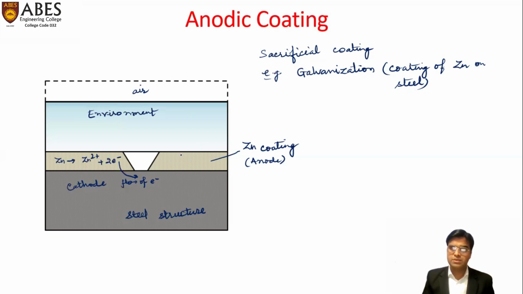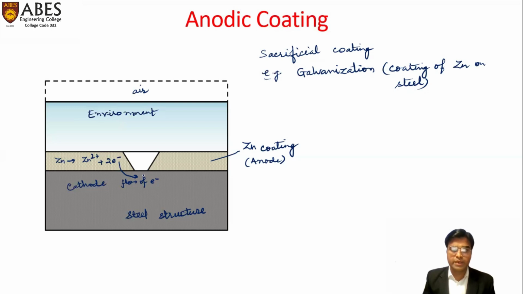Now, suppose this coating has a pore or a crack in it. So this is the crack in the anodic coating. In that case, the underlying steel structure is exposed. But because this is working as cathode, even after exposure to the corroding environment, this portion does not undergo corrosion.